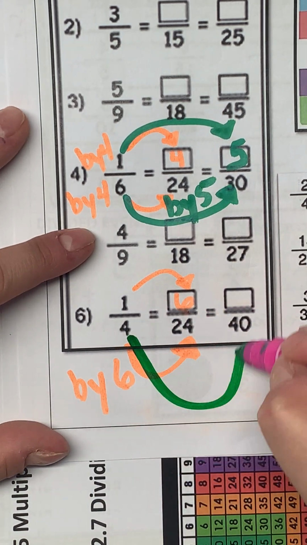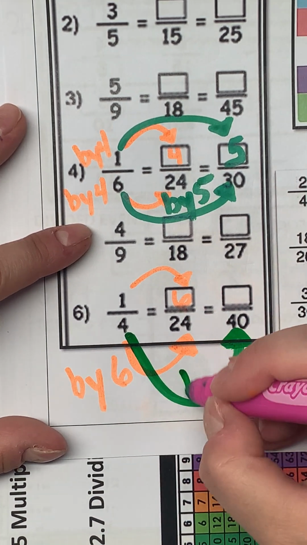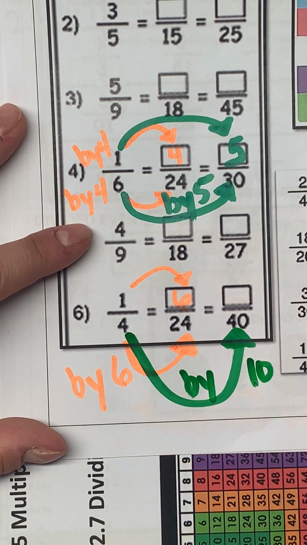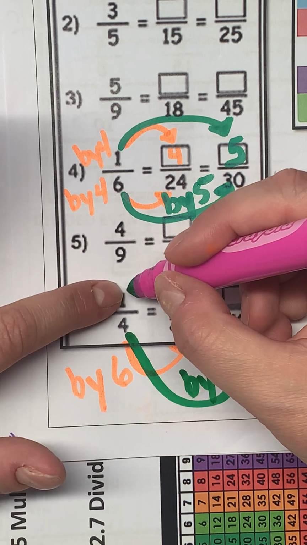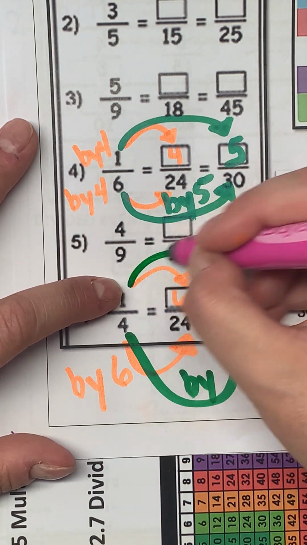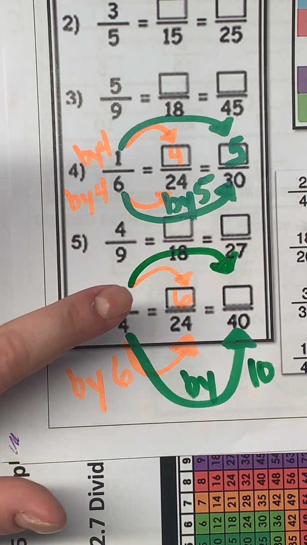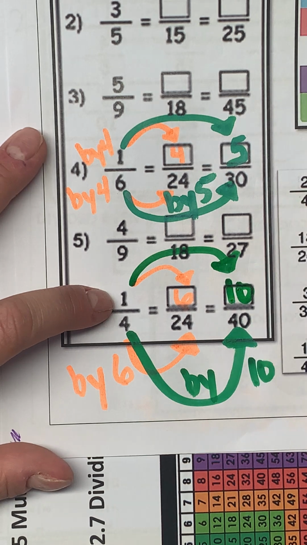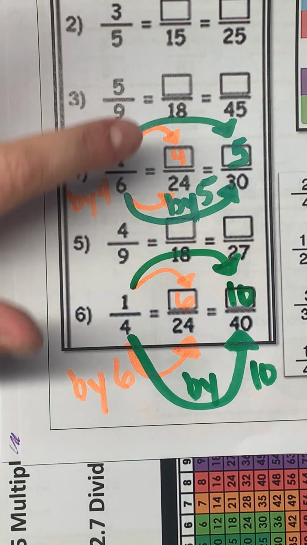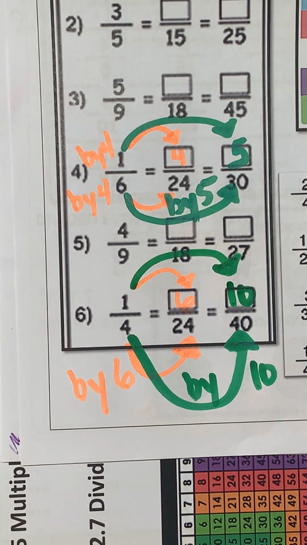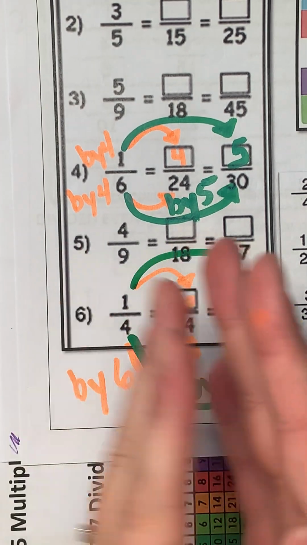To get to the 40, you have to multiply by 10. So that means the 1 on top, to get to the new box, I have to multiply by 10. 1 times 10 is 10. Woohoo!